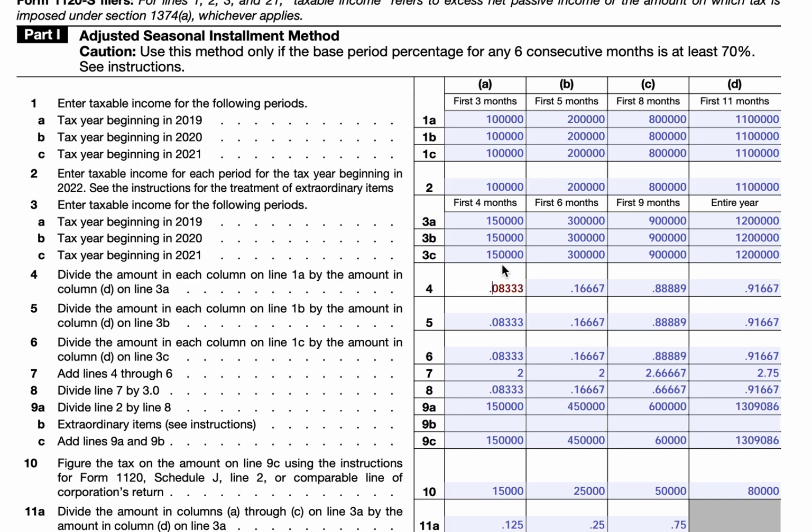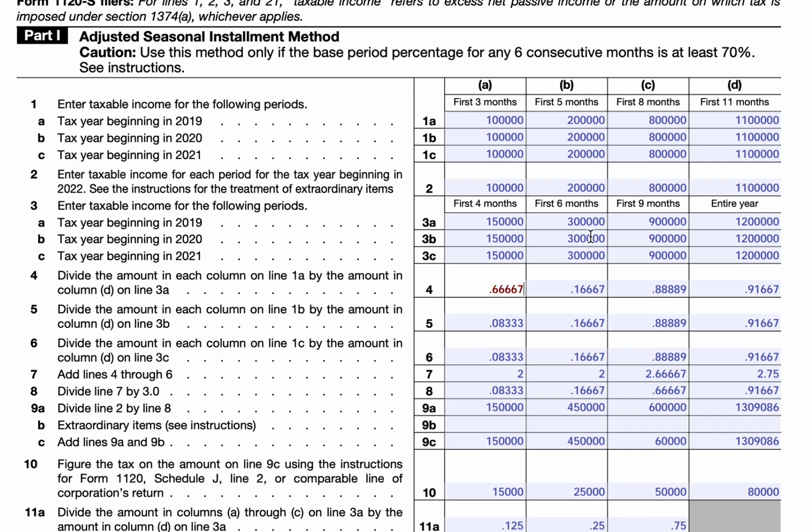Okay, sorry. I had this correct the first time. The amount on line 1B by the amount on 3B. Okay, got it. So I did do it correctly the first time. Apologize for the mistake.